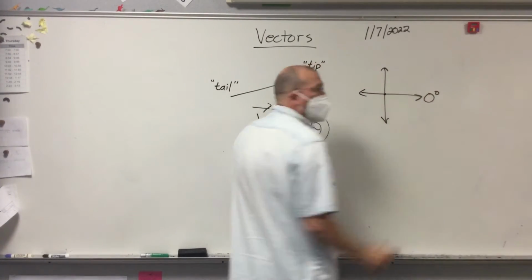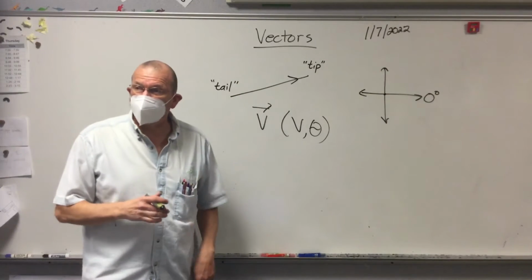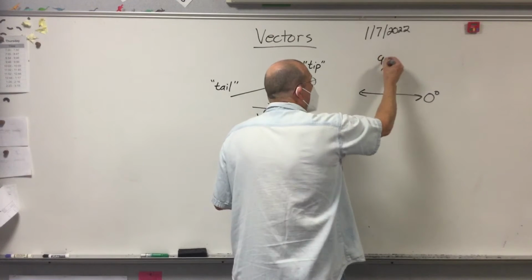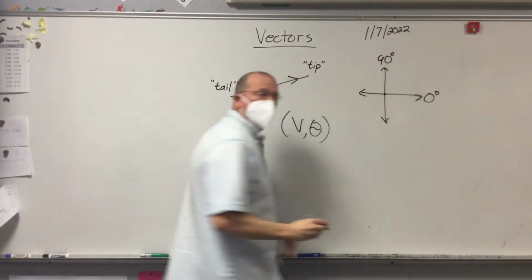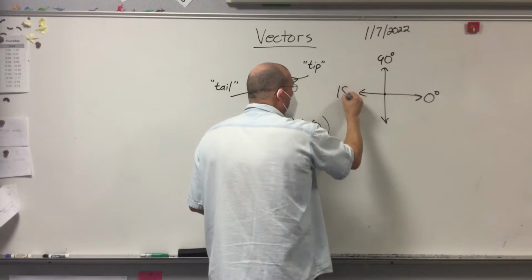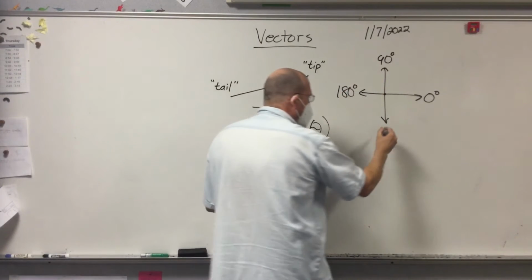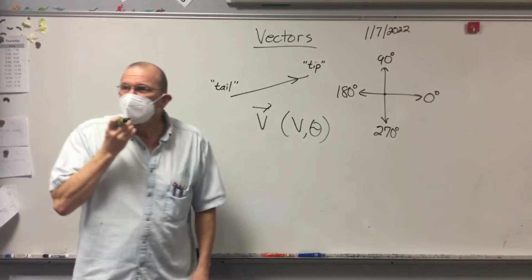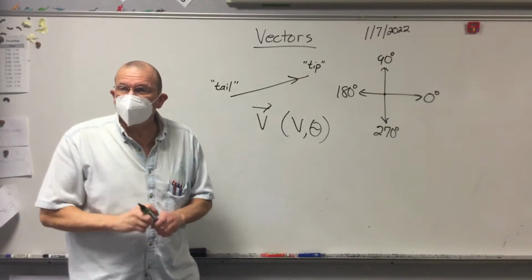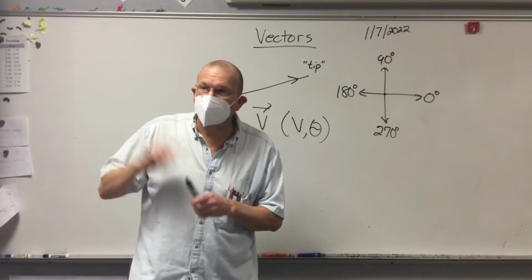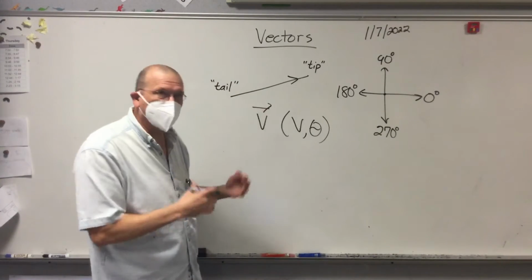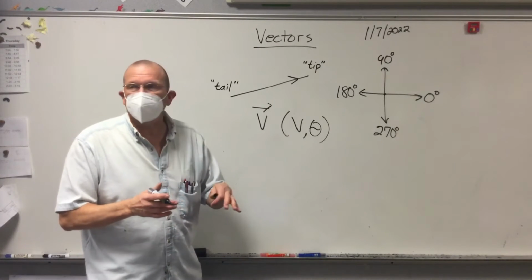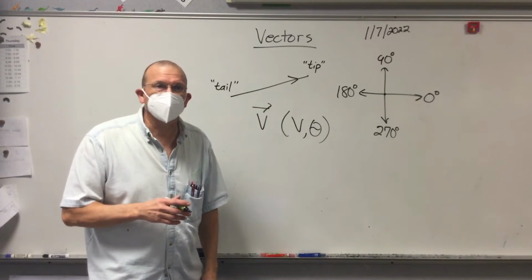Remember that the positive x-axis is our 0 degree angle, the positive y is our 90 degree, the negative x is 180 degrees, and the negative y is 270 degrees. So when you go to draw the list of vectors from the prior lecture, the first thing you have to do, using your protractor, is figure out which direction you need to draw the vector in.